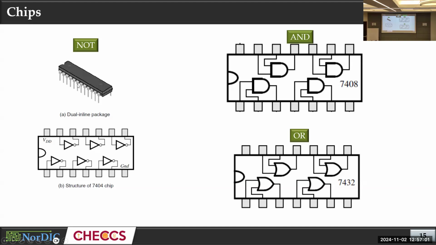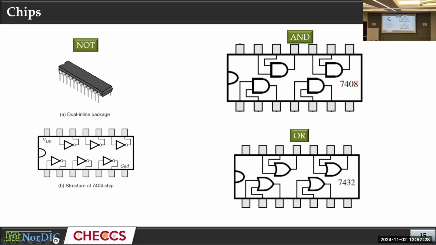There are two sides. On one side there are several pins, and on the other side there are several pins. Like here, there are 1, 2, 3, 4, 5, 6, 7. I don't think this is the correct representation of this specific chip, because the NOT chip will have 7 pins on this side and 7 pins on the other side.